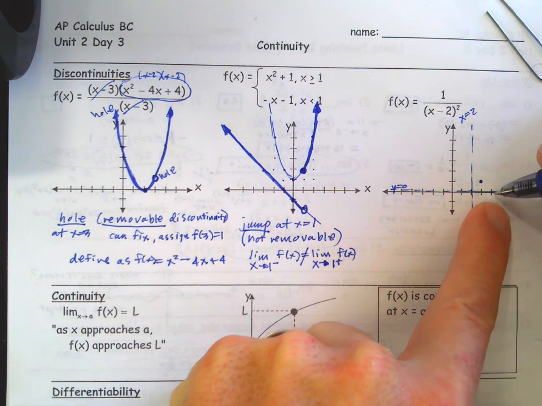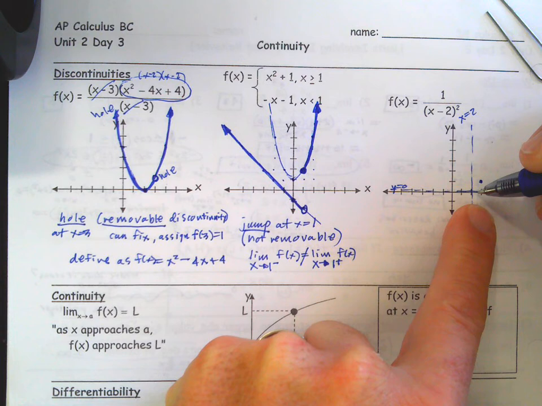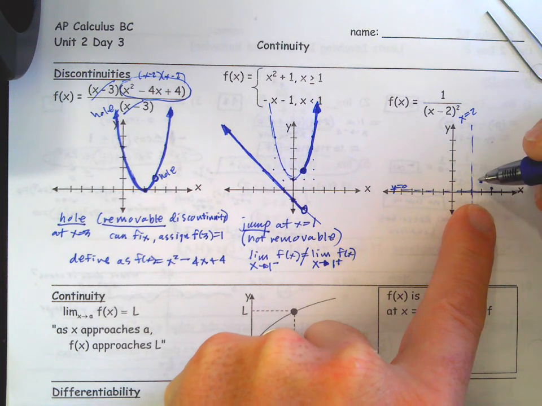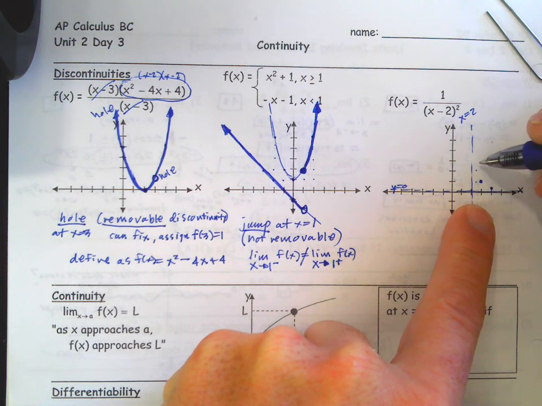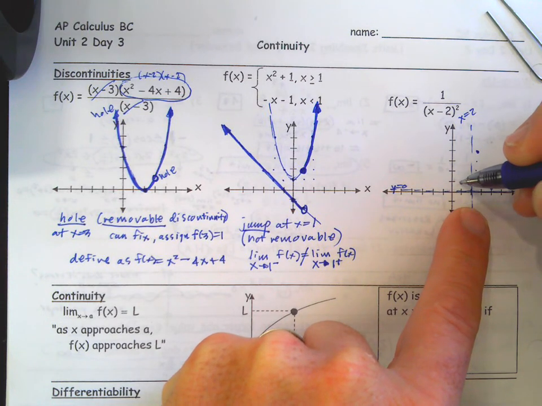If you plug 2 in here, or 4 in here, it'd be 1/4. If you were to plug in like, I don't know, 2.5, it would be, I think 4. So something like that.